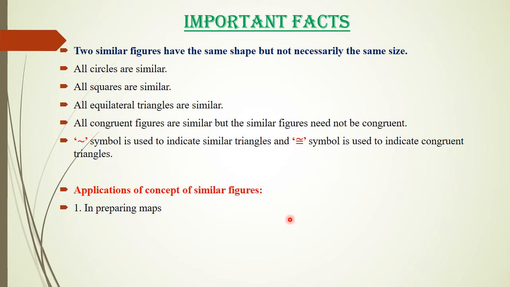For example, 1 centimeter on the map is going to indicate 1000 kilometers on the ground actually. Like this, with proper scale, a smaller figure of the exact same actual figure can be prepared using this concept of similarity.